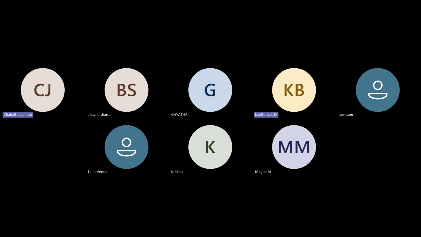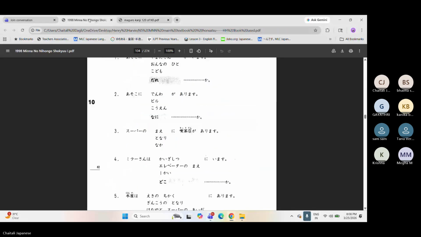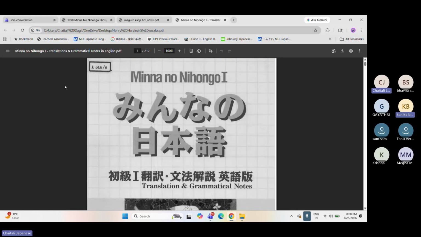Okay, anyone has any doubts in chapter number 9 or in kanjis? Sensei, I don't have a doubt in 9, but I'm struggling to understand this wo. So this nani wo shite imasu ka. I don't understand the concept of wo particle.